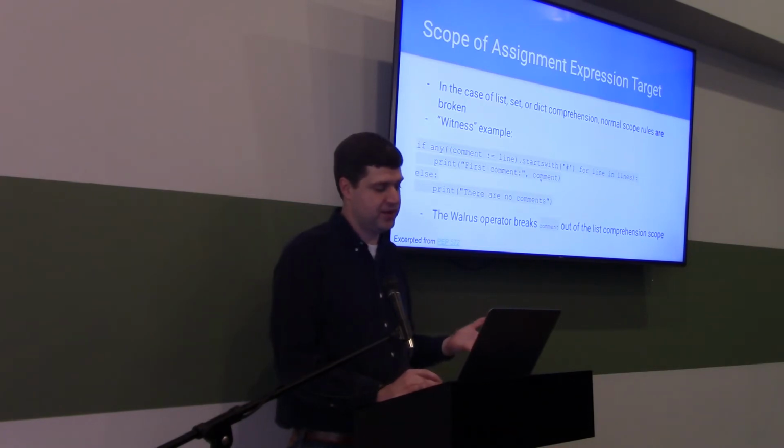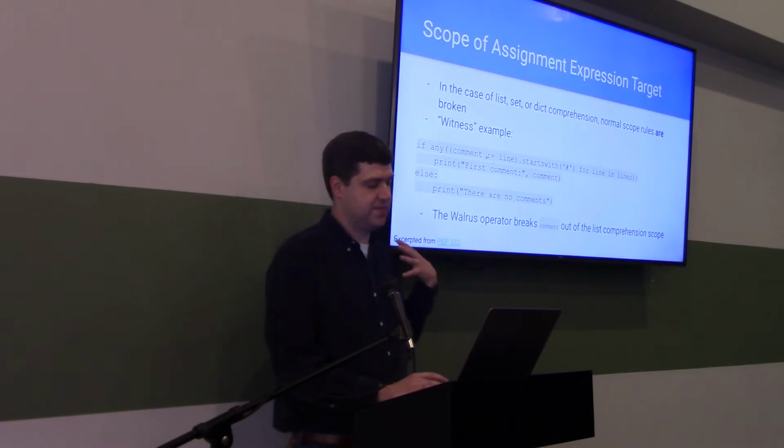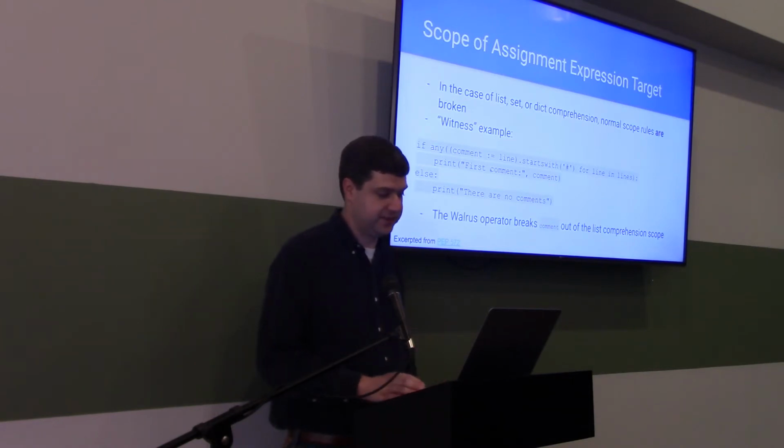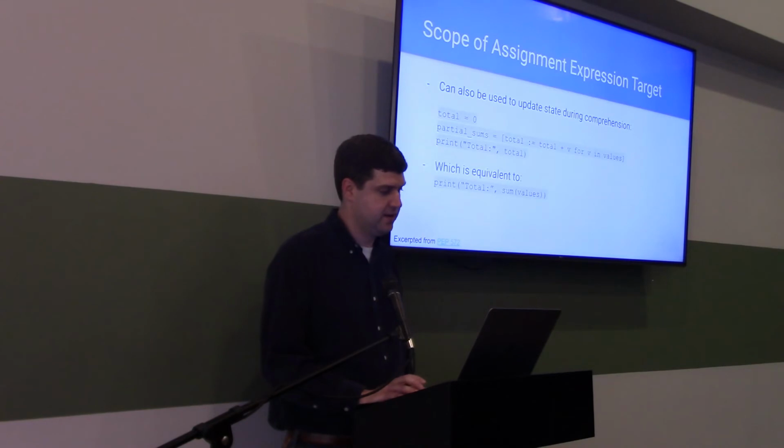Normally you wouldn't have access to any of that in that for comprehension. It would take a lot more lines of code to do that than what we've got here. So comment comes out of that comprehension and lets us see the first place where there was a hash at the beginning of a line.